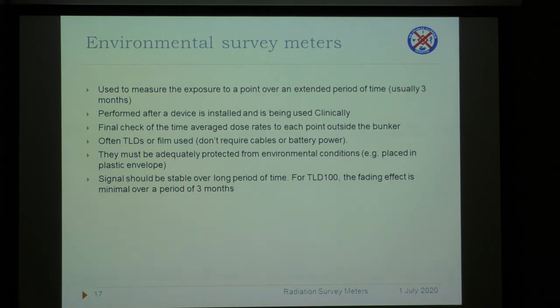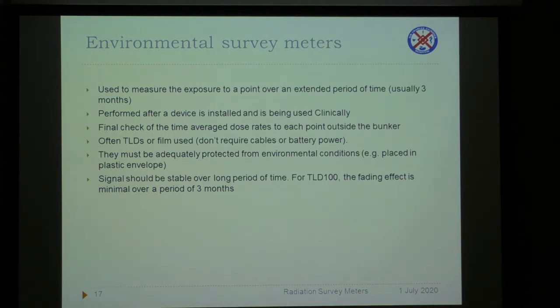Environmental survey meters. These measure the exposure at a point over a very long period of time, generally 3 months. It's normally performed after you've installed and you've already done your survey. So you do your preliminary survey, you calculate your dose, but then you want to actually measure what the dose is when you're using it clinically.